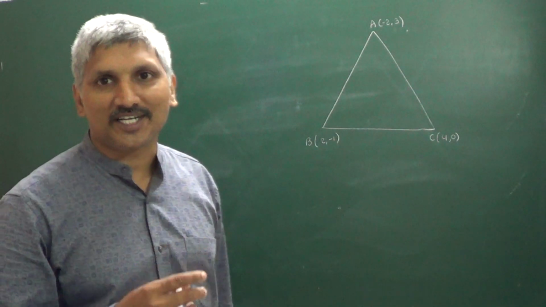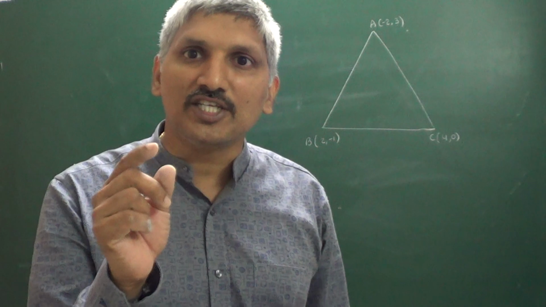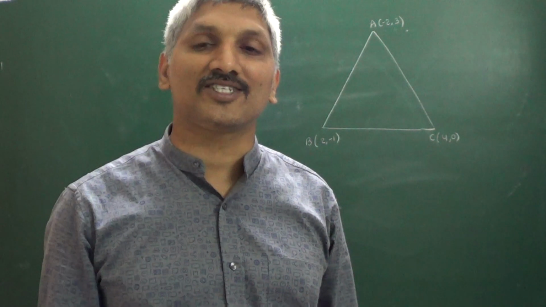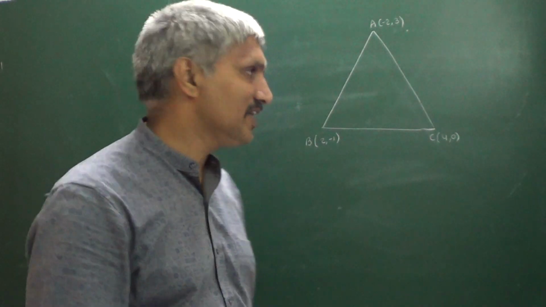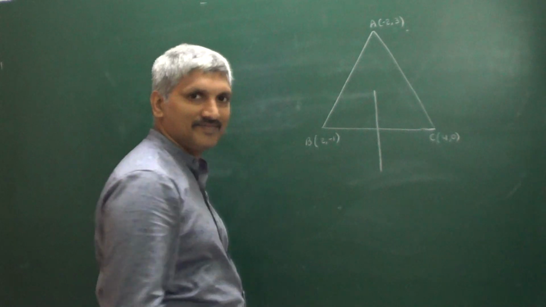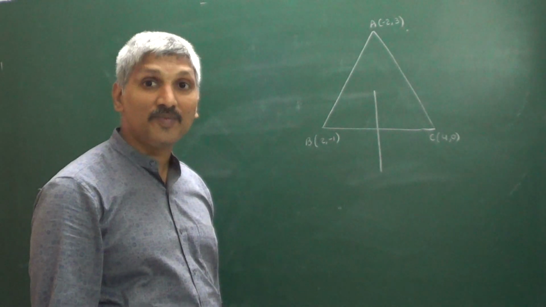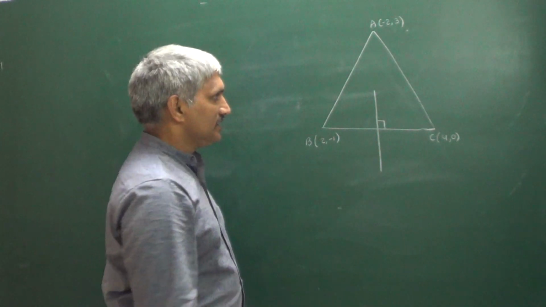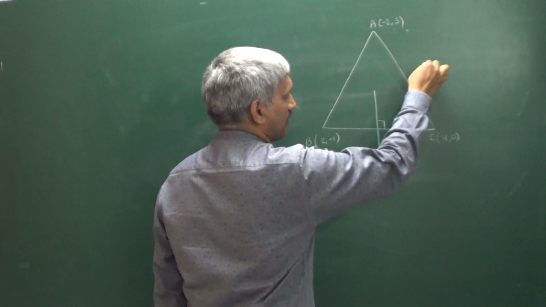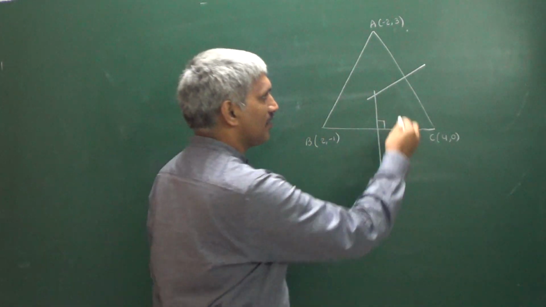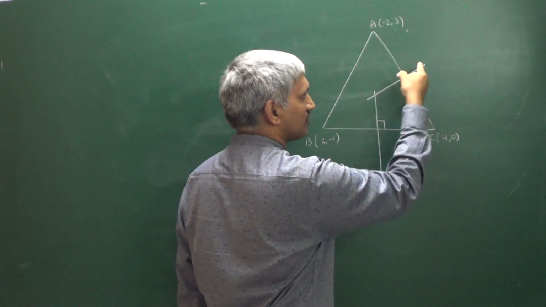You know what a circumcenter is? The circumcenter is the point of intersection of the perpendicular bisectors of the sides of a triangle. Observe here, this is one perpendicular bisector passing through the middle point and perpendicular to the side. Similarly, this is another perpendicular bisector passing through the middle point and perpendicular to the side.